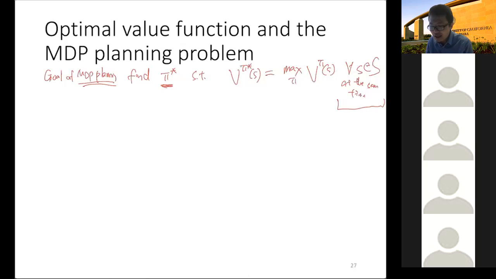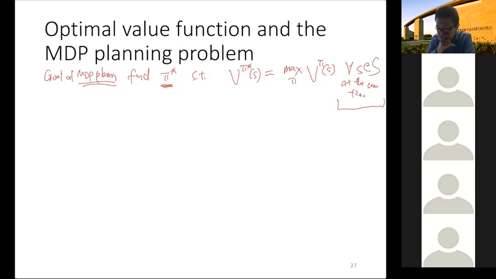It is not a priori clear that this is even possible. Why is it necessarily the same policy that maximizes all coordinates of this value function?